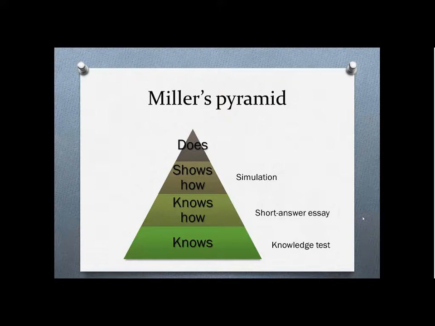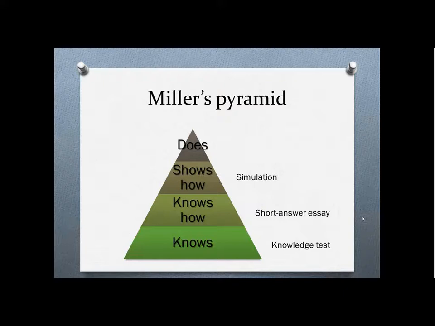The next level is shows how. Simulation, for instance, having the residents go through a simulation and asking them to report a patient safety event may be an example of how they take the knowledge that they have and translate that into actual behavior change. This is the kind of thing we really care about.